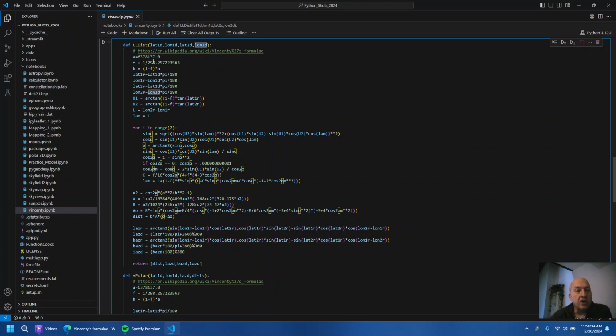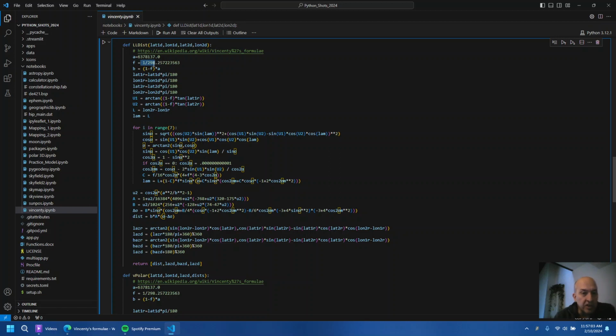So starting with this, we take A, which is the radius at the equator, that's in meters, and then our Earth is a little bit squattier than it is tall. If your radius at your equator is 300, the radius to the pole is 298.